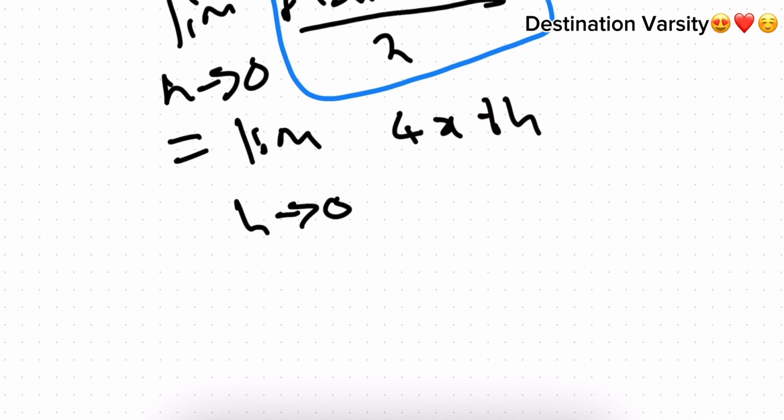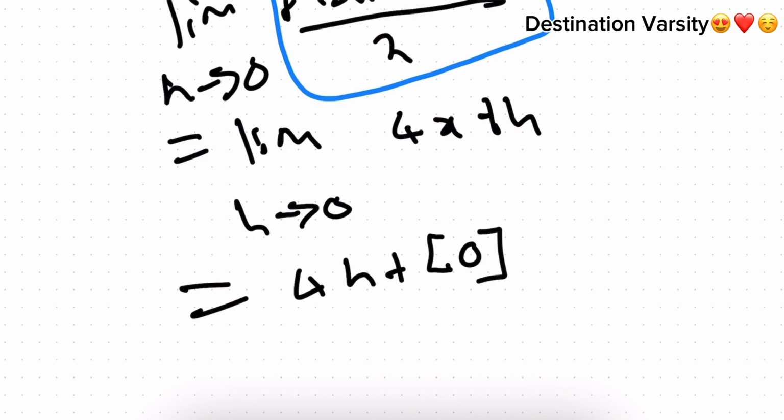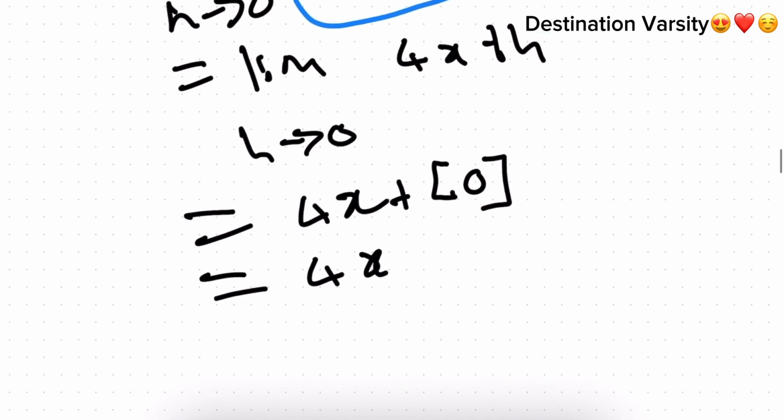This is linear, so you can literally plug in your h, which is 0. That's 4x, not 4h. Therefore, it's equal to 4x. You know that this is equivalent to f prime of x.